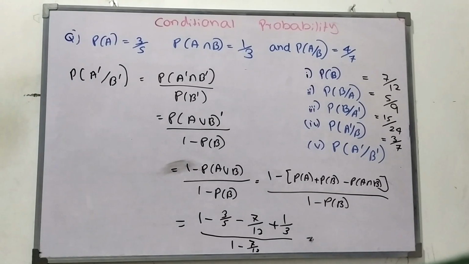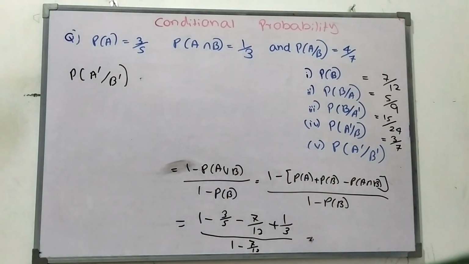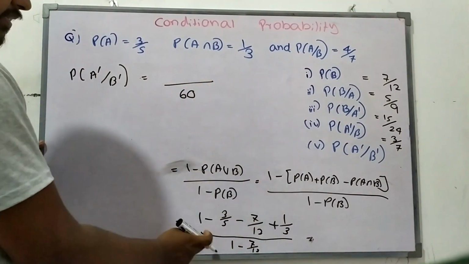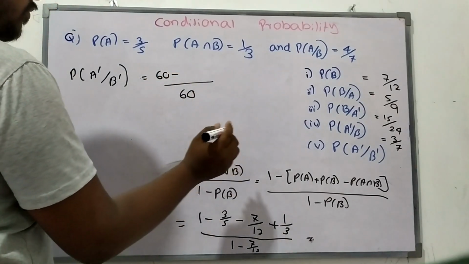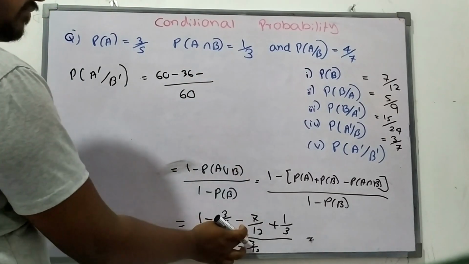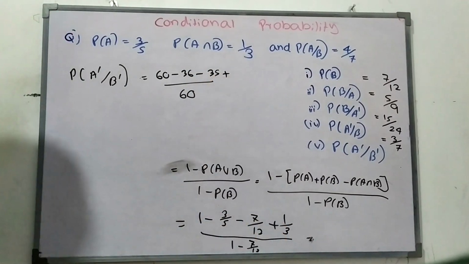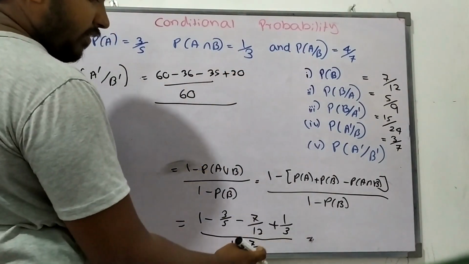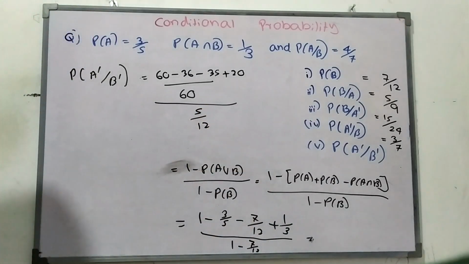The 60 is a common term, right? Sixty minus 36 minus 35 plus 20, divided by 5 over 12, right?